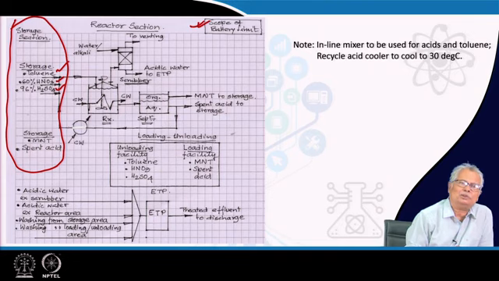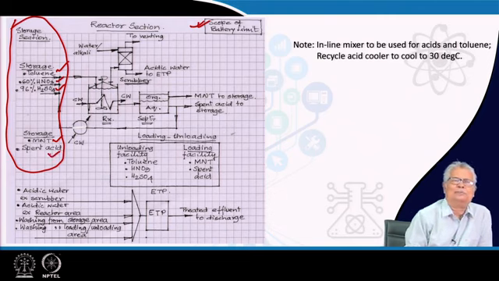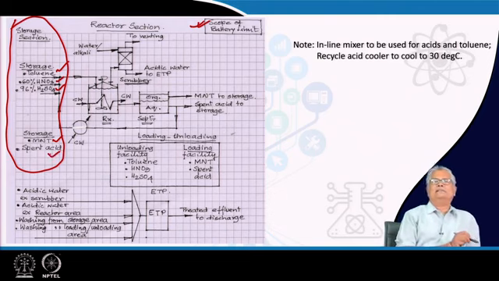The finished product mononitrotoluene also will require a storage tank, and you require a spent acid storage as well, because from the spent acid tank you have to send it out to some customer who will be buying your spent acid. Normally this type of spent acid is used for neutralizing certain strong alkali which may be a waste product in some other industry. Most of the cases it is like this.